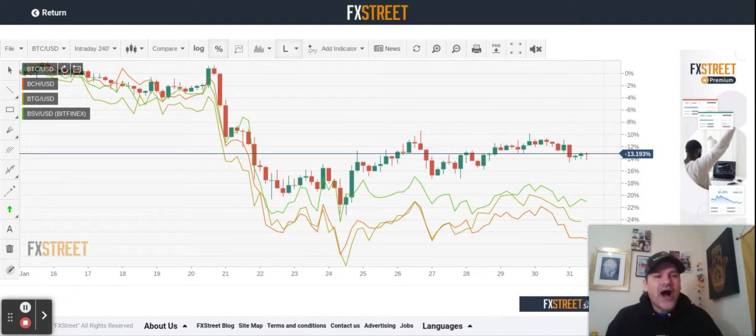Now, why is this important? This is important because if you're a leverage trader, leverage is just that. You want to leverage as much capital in a trade as you can. That means your capital is tied to the number of tokens that you have accumulated in your trade entry, right? You put $1,000 in Bitcoin.